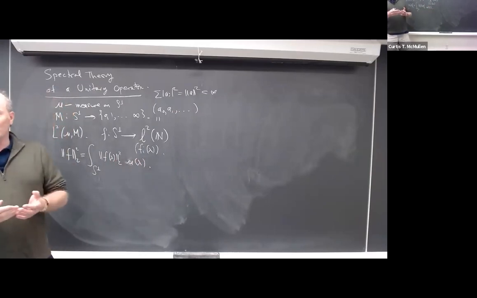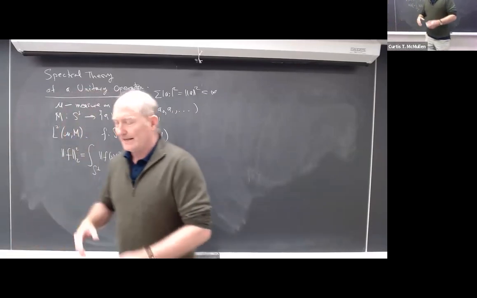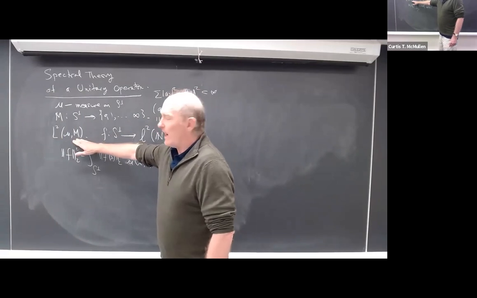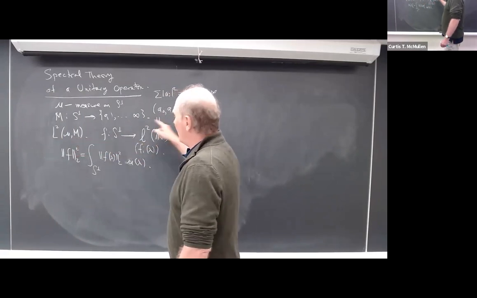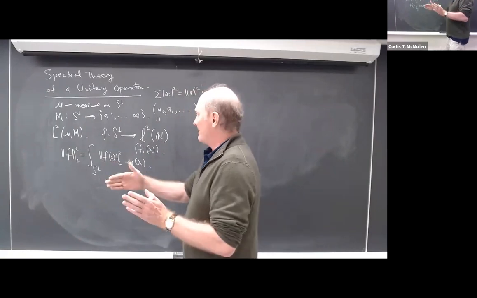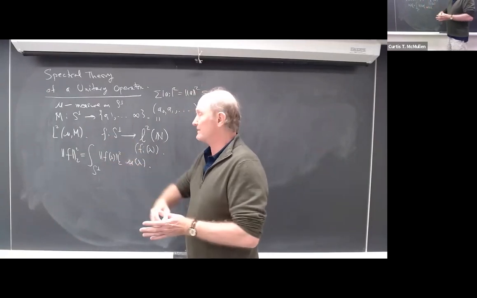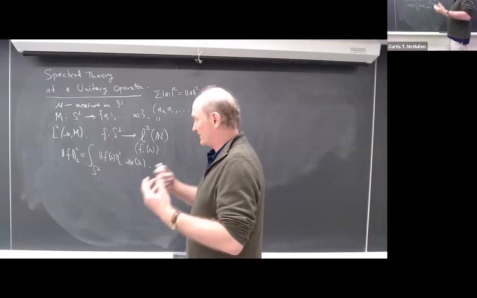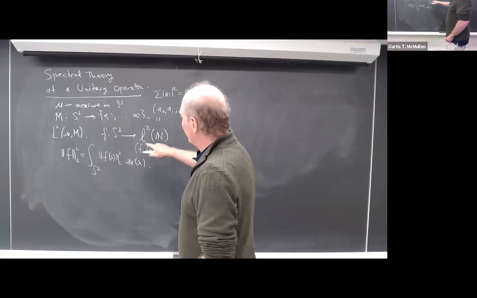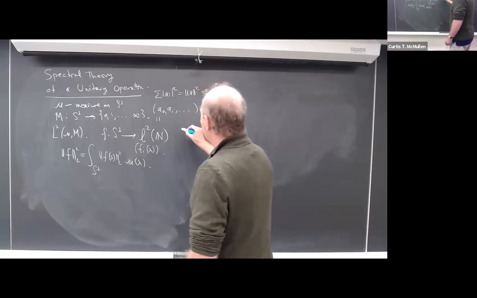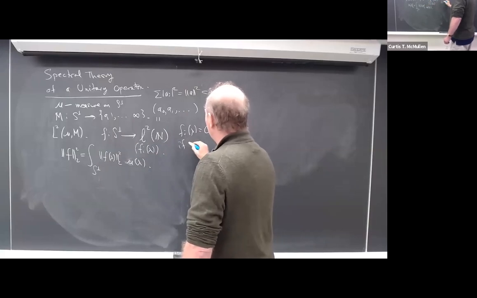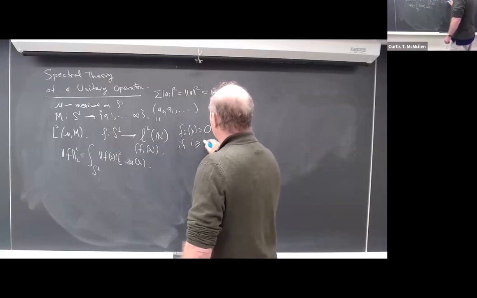Okay, now where does the multiplicity come in? The idea is that when m is equal to 1, you're not allowed to use all of little L2. You're only allowed to use a one-dimensional subspace thereof. When m is equal to 2, you're allowed to use a two-dimensional space. This is to take into account multiple eigenvalues and the like. So to say that rigorously, we say that Fi of lambda is equal to 0 if i is greater than or equal to m of lambda.